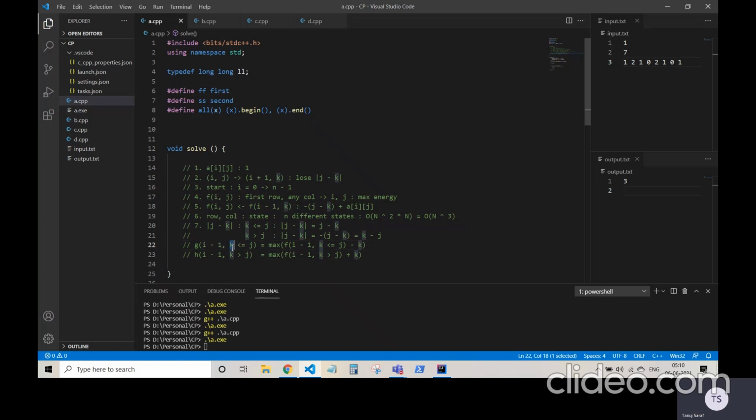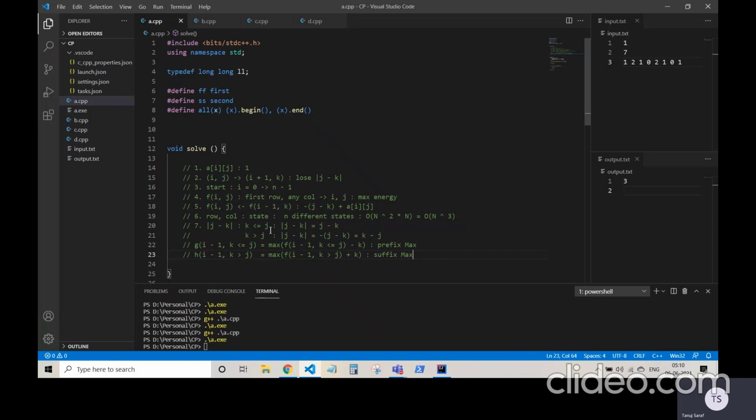We need this k less than or equal to j value for every j. So essentially, we want to maintain a prefix maximum. And for k greater than j, we want this value of h for every particular j, so this is nothing but a suffix maximum.